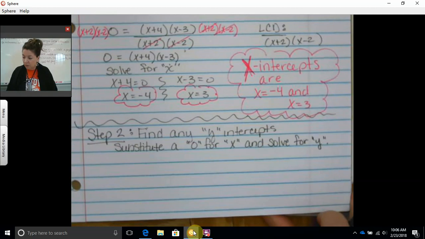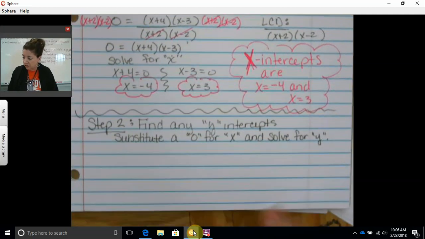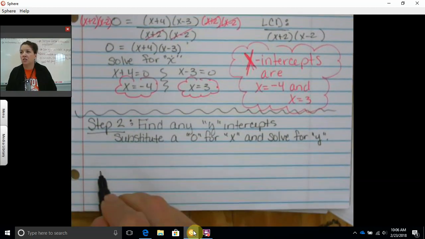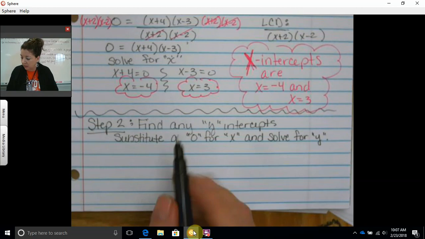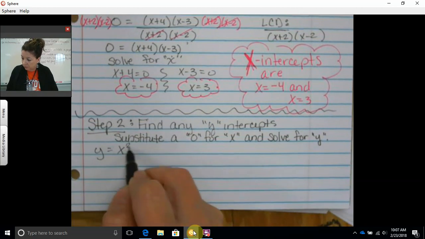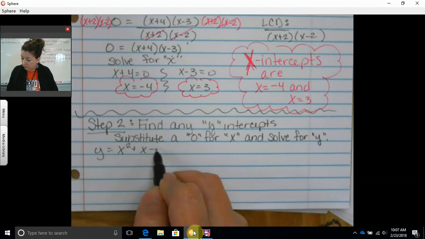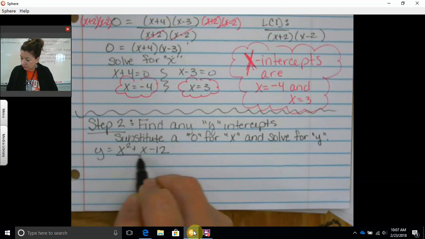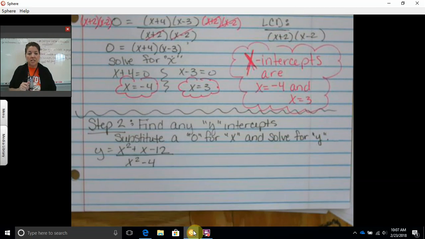So I am going to rewrite my problem, especially since I can't see it on the screen right now, and there's not just one x like there was just one y. So y equals x squared plus x minus 12, quantity divided by x squared minus 4.